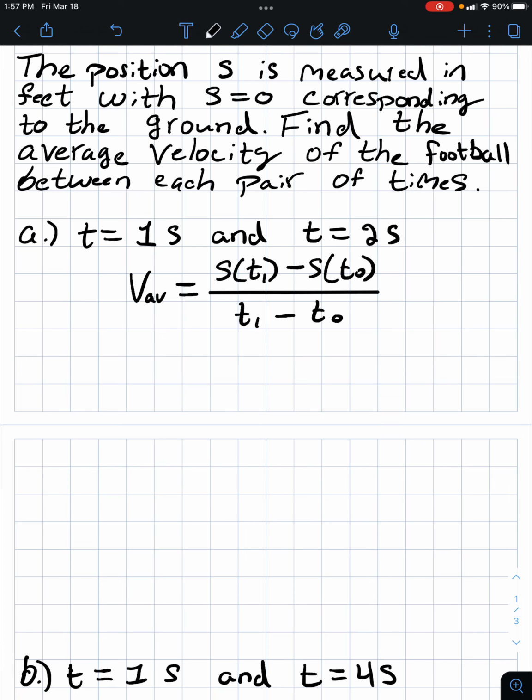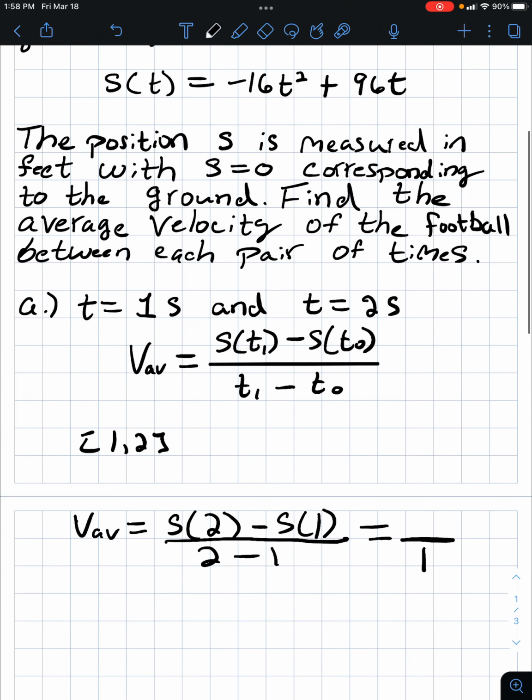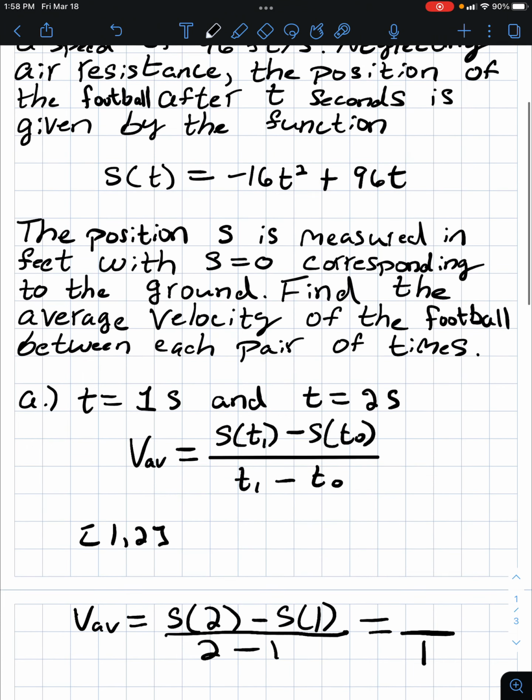So if we find our average velocity over the interval 1, 2 for part A, this is going to be v_av equal to s(2) minus s(1) divided by 2 minus 1, and this is going to be equal to 1 divided by, now we need to plug in 2 into our s(t) function.